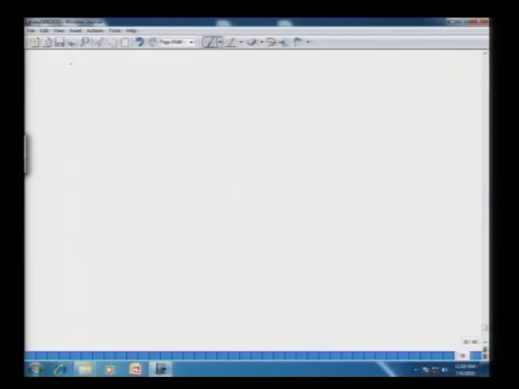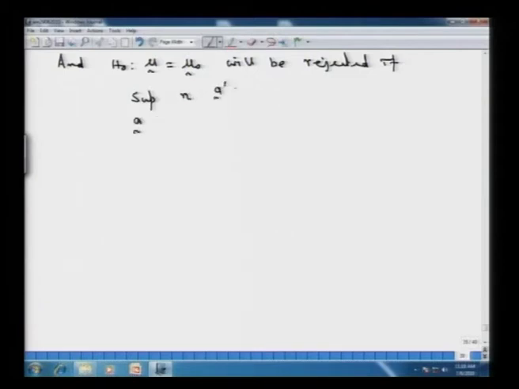What we will have is the following: the null hypothesis mu equal to mu naught will be rejected if we have the supremum over A of these quantities, which is n times A prime x bar minus A prime mu naught, whole square, divided by A prime S A. So, this is basically the supremum over every A belonging to R to the power m, that is, for all possible hypotheses H naught prime when A varies in R to the power m, is large.